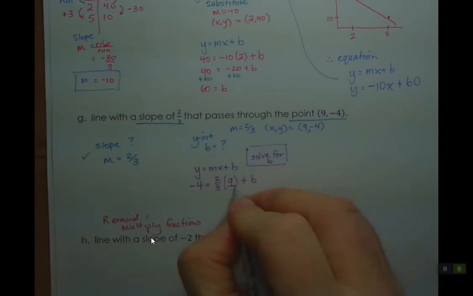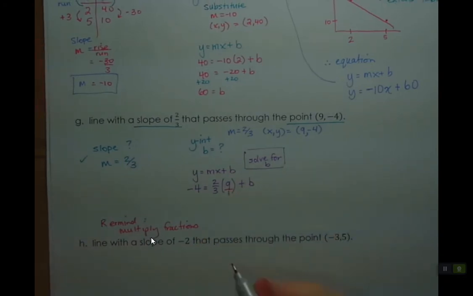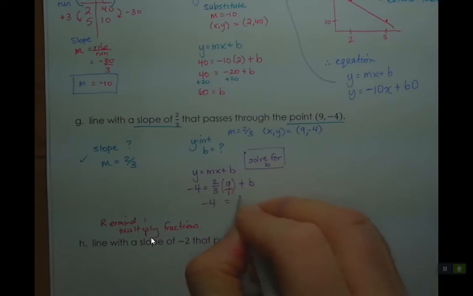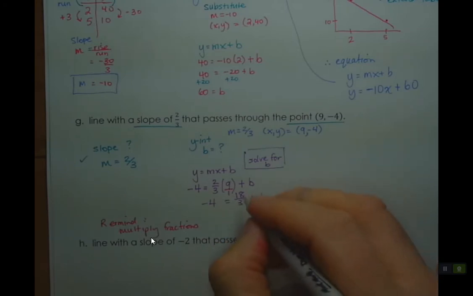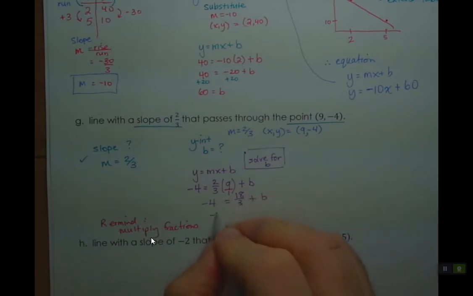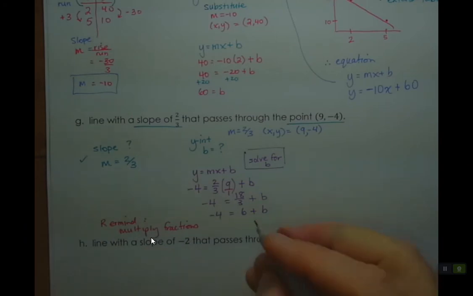I'm going to put a 1 under the 9, just so we know how to multiply fractions. 2 times 9 is 18, plus b, and this will reduce nicely to 6. We got lucky there. Now I'll solve for b. We want to move the 6 to the other side, so -10 equals b.